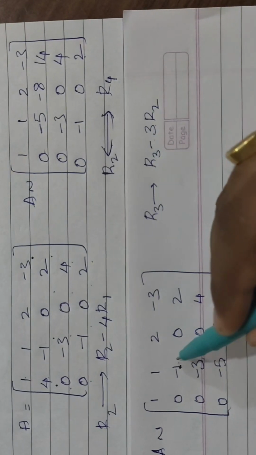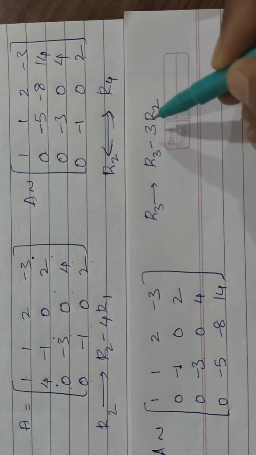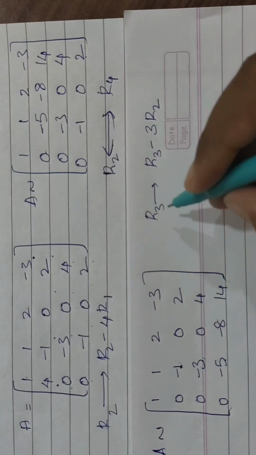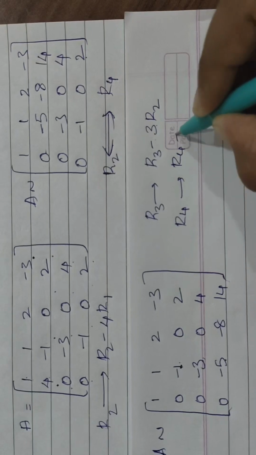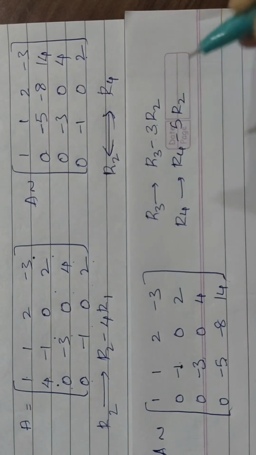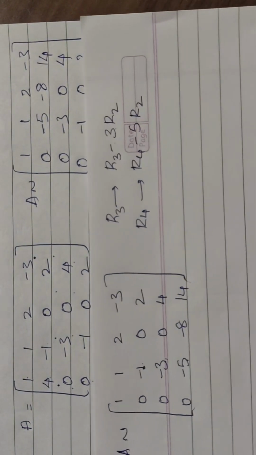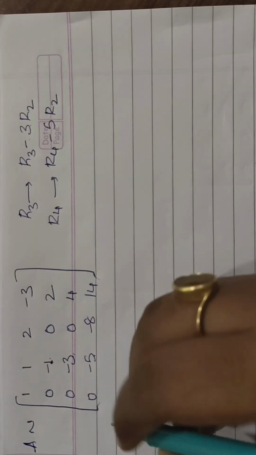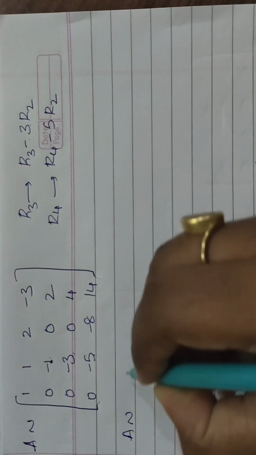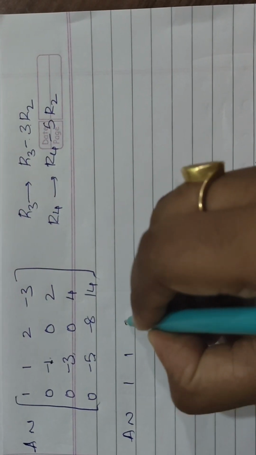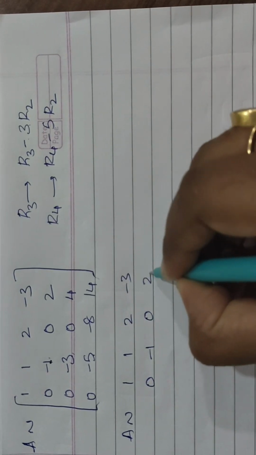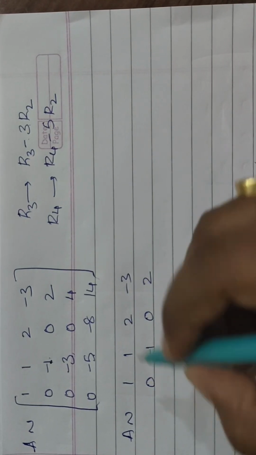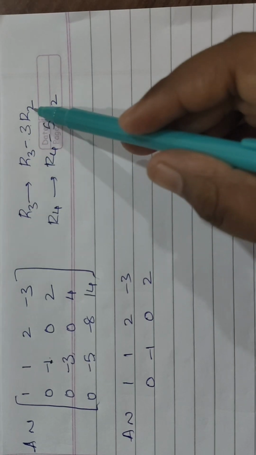Minus 3 into R2 will be plus 3. So this becomes 0. And now similarly R4 is R4 minus 5R2. Okay. And now therefore, see here, the given matrix is now equivalent to 1, 1, 2, minus 3, 0, minus 1, 0, 2. Now R3 is R3 minus 3R2.